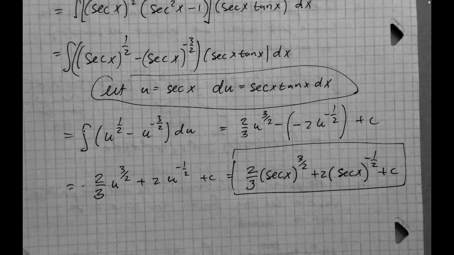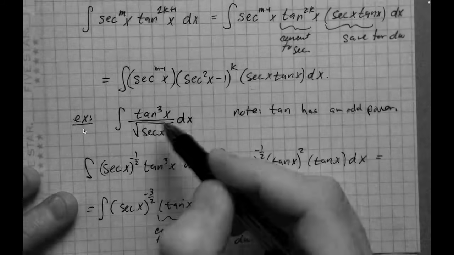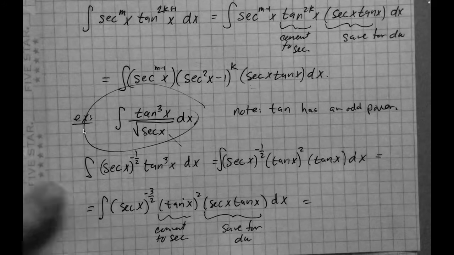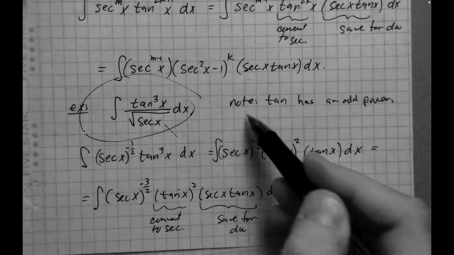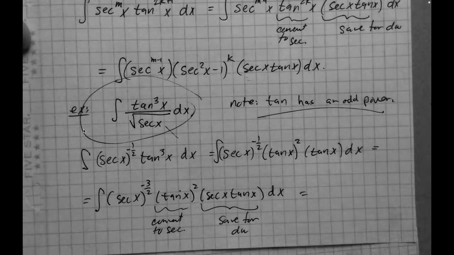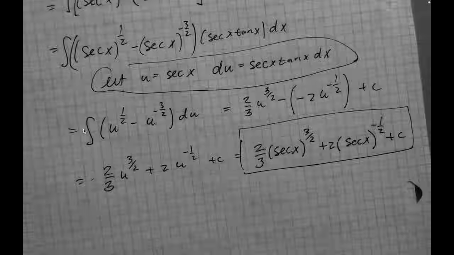So don't be intimidated into thinking that you can't use this technique just because you maybe have a trig function in the denominator. Right, so the only thing that matters for this strategy is that the tangent has to have an odd power. If that's the case, then you're good to go.